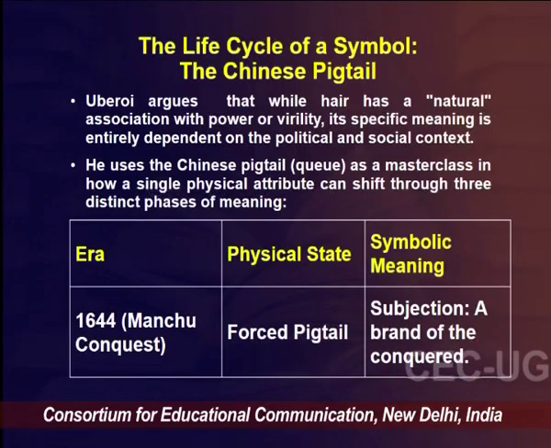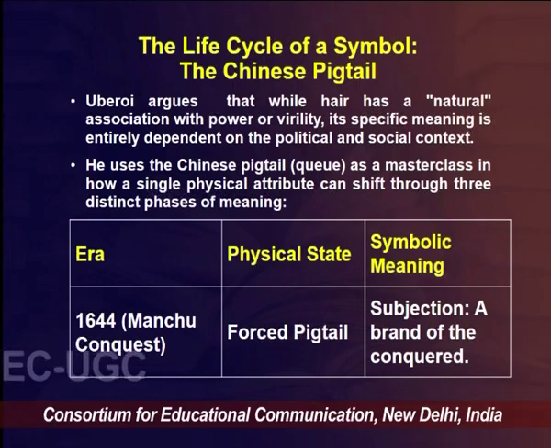across centuries. So, if we look into how he has studied this, we see he makes reference to the Chinese pigtail. Uberoi argues that while hair has a natural association with power or virility, its specific meaning is entirely dependent on the political and social construct.